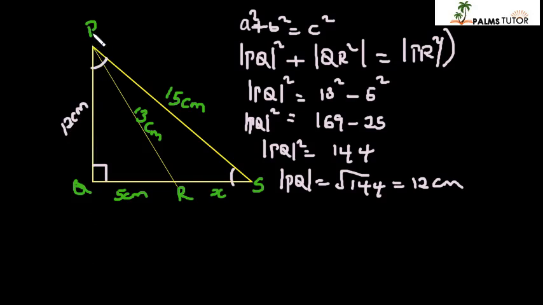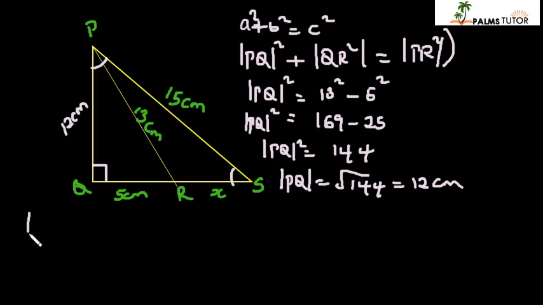Now that we know the value of PQ to be 12 centimeter, this bigger right angle triangle can be solved for, because now PQ is 12 centimeter and PS is 15 centimeter. We can solve for the third side, QS. So now, just like we have stated the other way, the hypotenuse in this case is 15 centimeter.